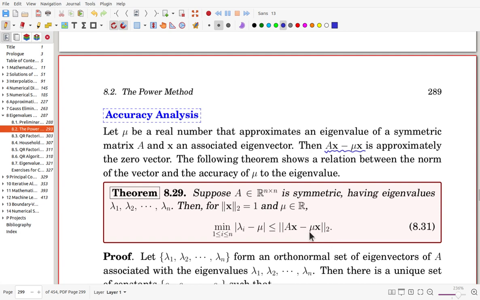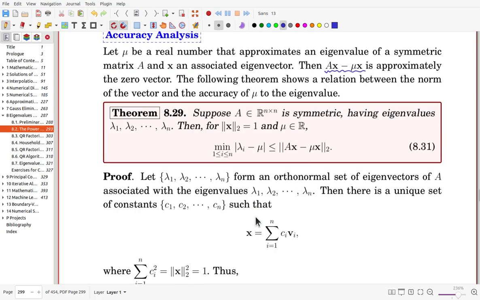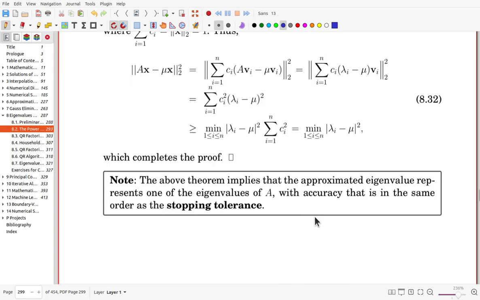And then once it is smaller than, for example, 10 to the minus 10, then practically the computed mu k will be near to the desired eigenvalue with the same order, so 10 to the minus 10. Okay. Here we have a proof. If you are interested in the theory, then you may try to read the proof.